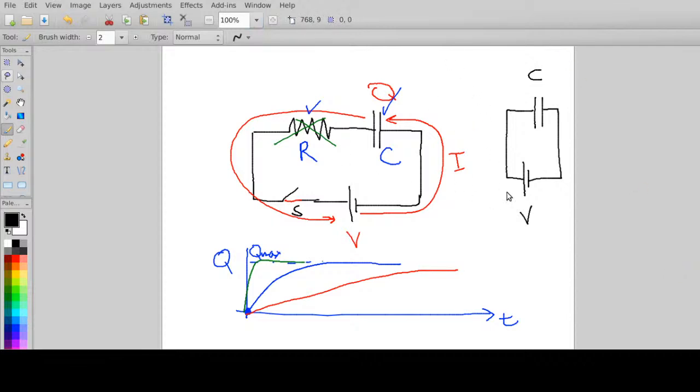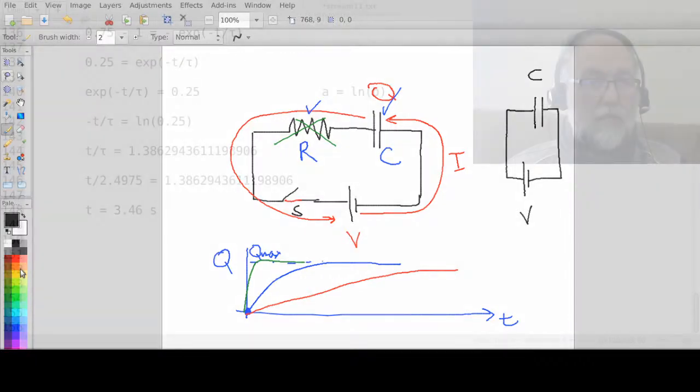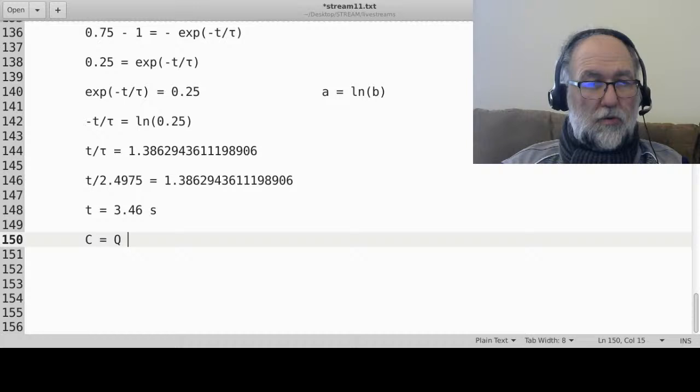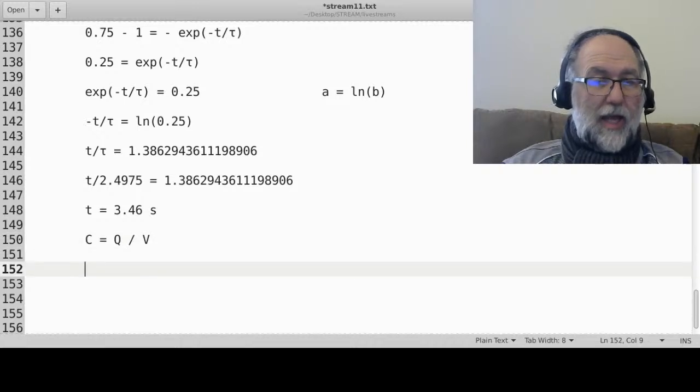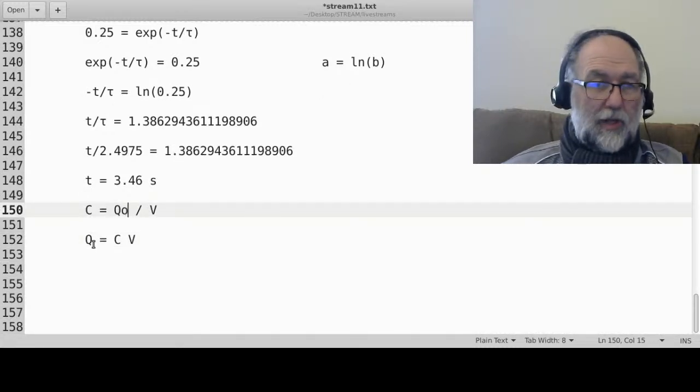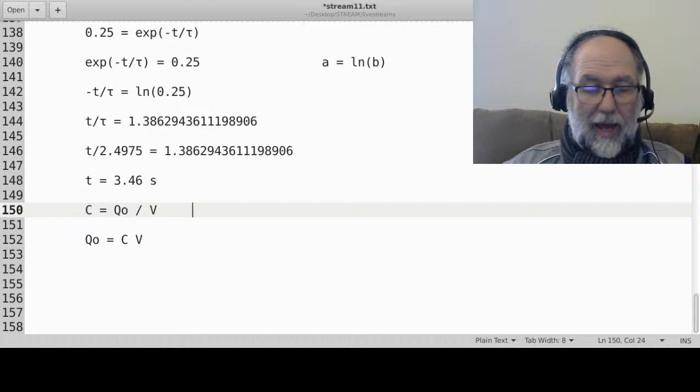For a capacitor in a circuit with a potential V, the charge is given by C = Q/V. We're looking for Q, so it's going to equal C times V. Now we can put that little knot in there, because that is the max.